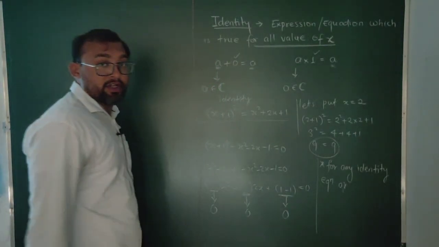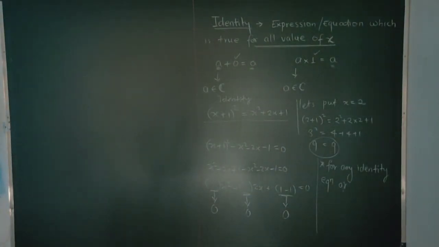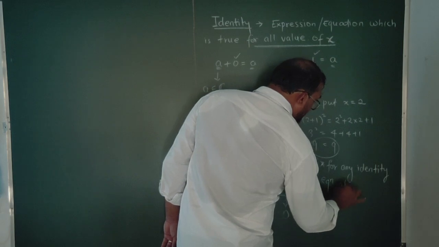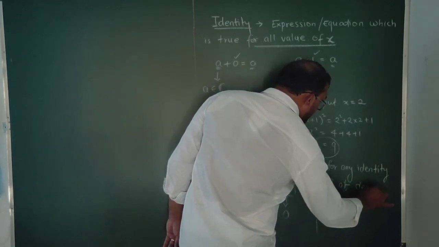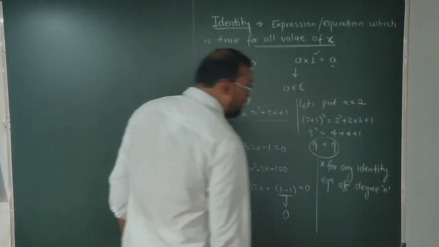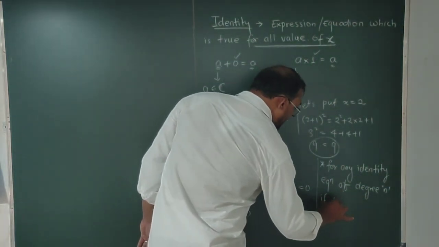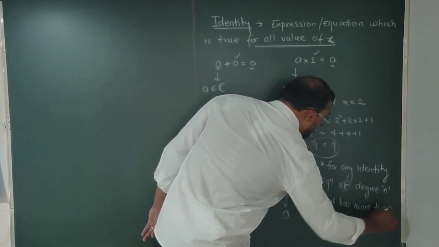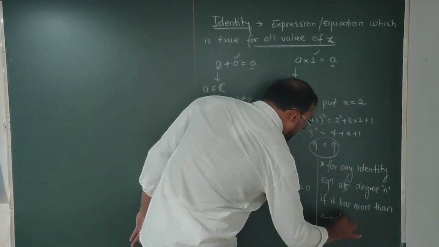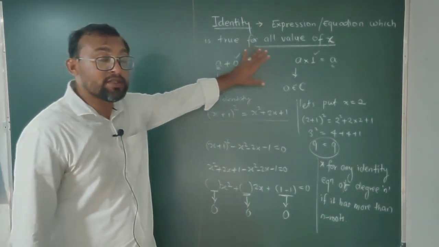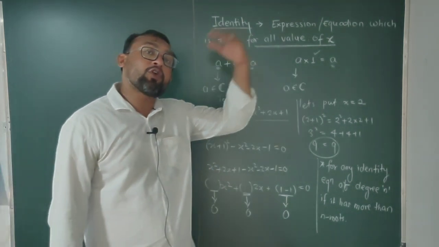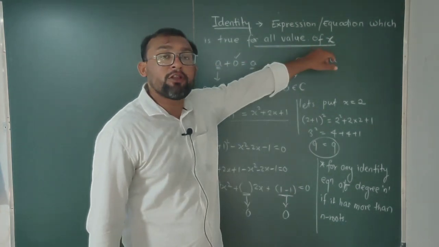So for any equation of degree n, if it has more than n roots, since we have seen just before that for any polynomial of degree n there must be only n roots present, but if there are more roots, that means that it is true for more values of x.